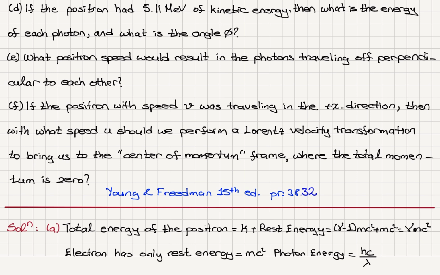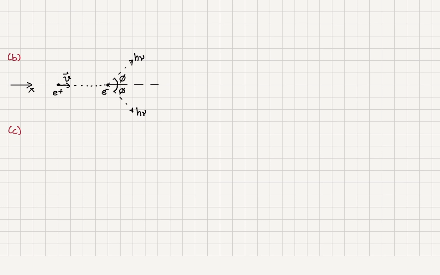So we can write the energy conservation now. So we have gamma times mc square, which is the positron energy, plus mc square, which is the electron rest energy, and we're producing two photons, so with the same wavelength, so the same energy, 2hc divided by lambda.